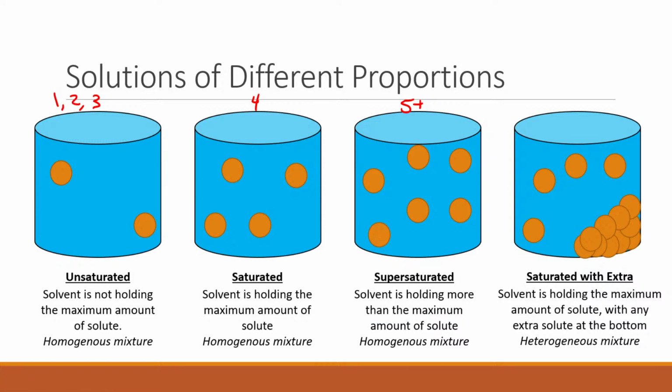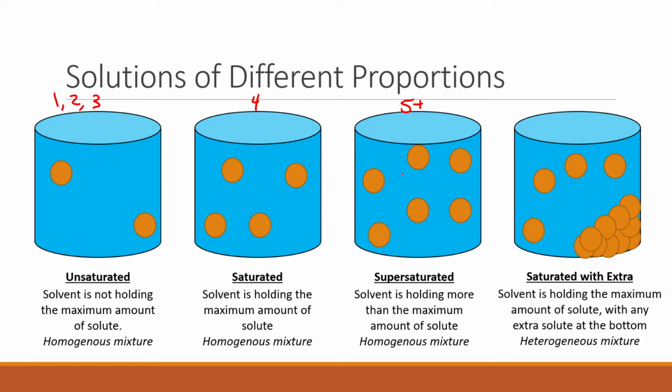Now, I hear you saying, Mr. M, what's the point of having the maximum be 4 if it can hold more than 4? And the reason for this, right, the reason why supersaturated exists, isn't because I can do better than saturated, right? It's because there are some situations that allow for more solute to be dissolved. Right?